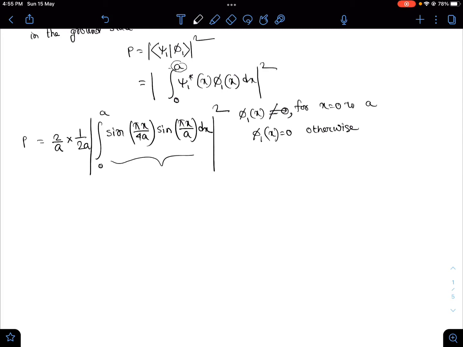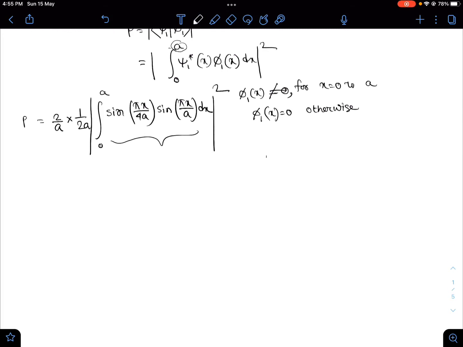So we have to evaluate this integral. So what will be the value of this? Let us do that. Sine pi x by 4a sine pi x by a dx.